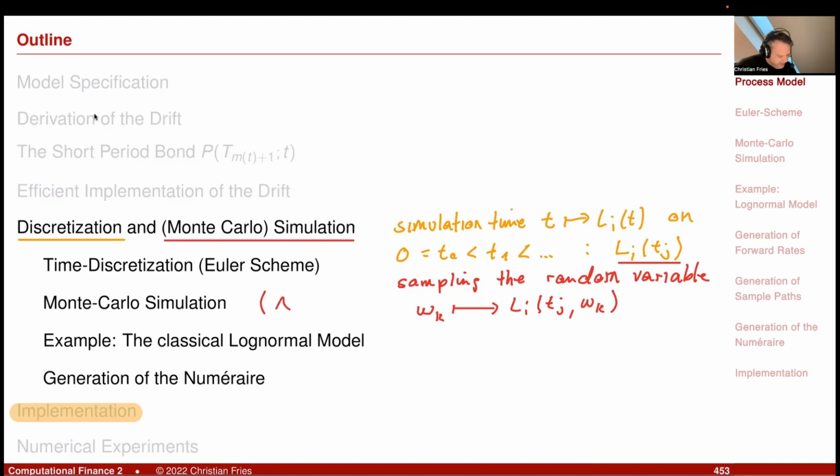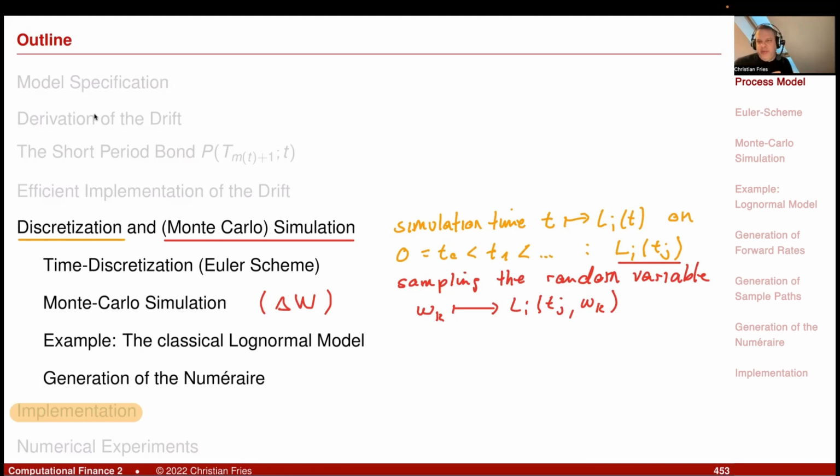So there will be the delta W inside. I give you the example how we do that for the classical log normal model, so one version of our model, and how we then calculate the numeraire.